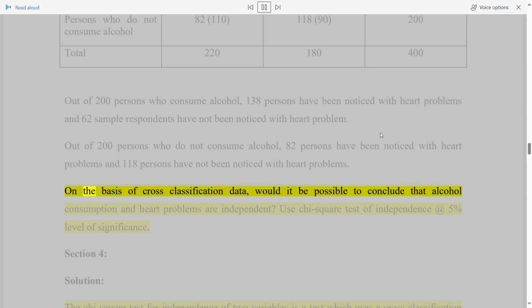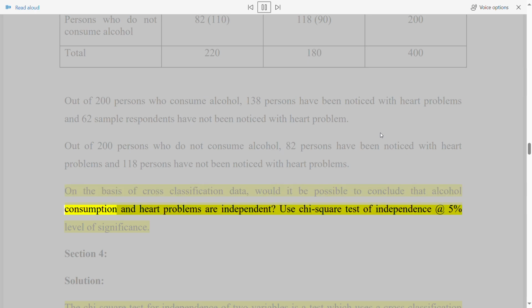On the basis of cross-classification data, would it be possible to conclude that alcohol consumption and heart problems are independent? Use chi-square test of independence at 5% level of significance.